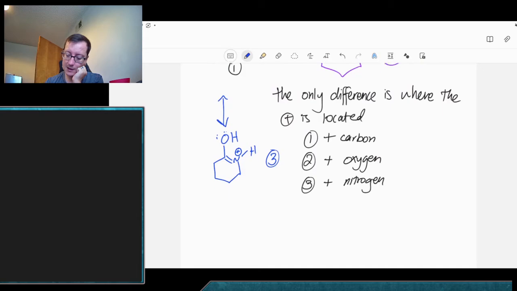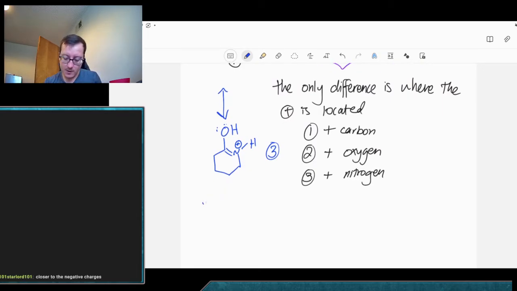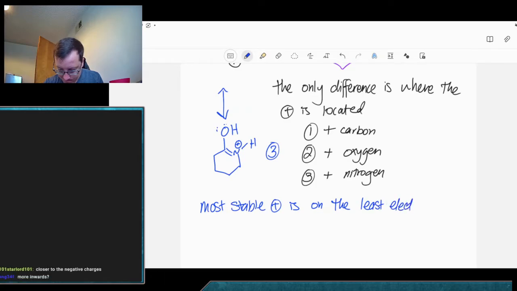Well, recall that the most stable positive charge is going to be on the... so yes, both of those are correct. We do want positives close to negative charges, and we do want them to be more substituted if that's on carbon.